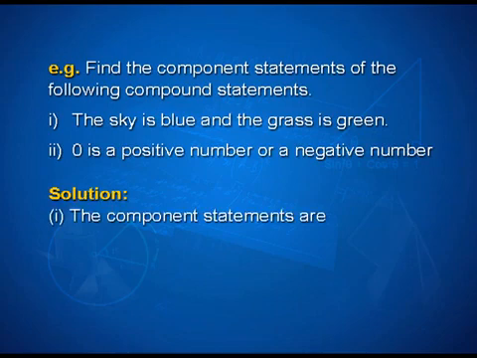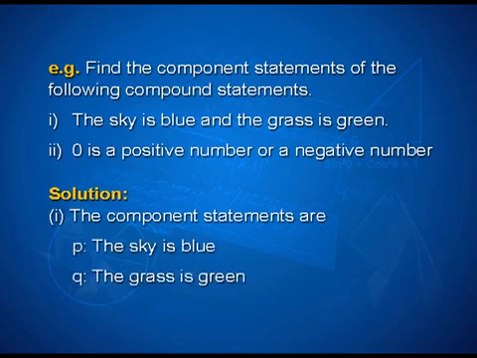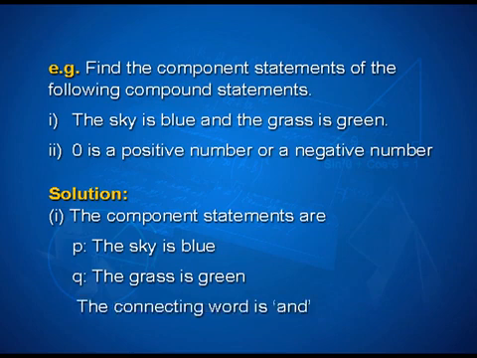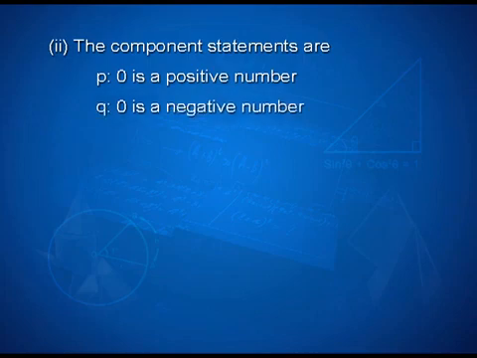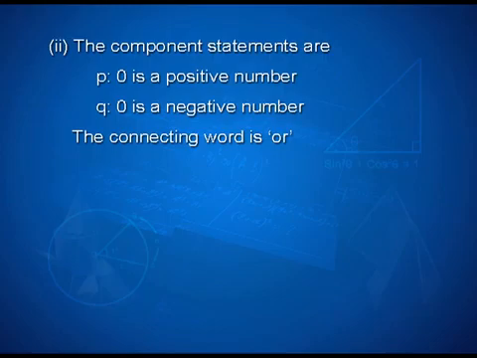First, the component statements are P: the sky is blue, Q: the grass is green. The connecting word is and. In the second one, the component statements are P: 0 is a positive number, Q: 0 is a negative number. The connecting word is or.